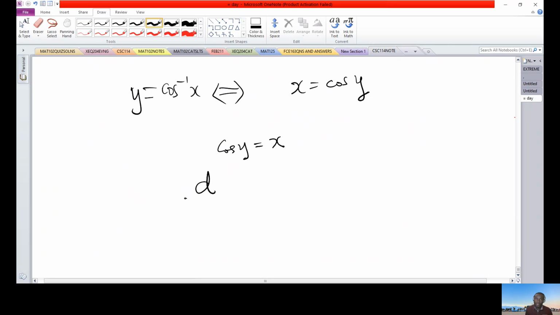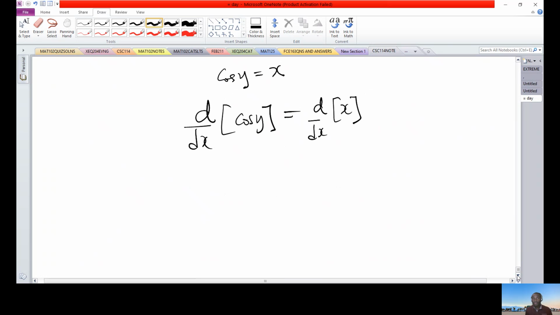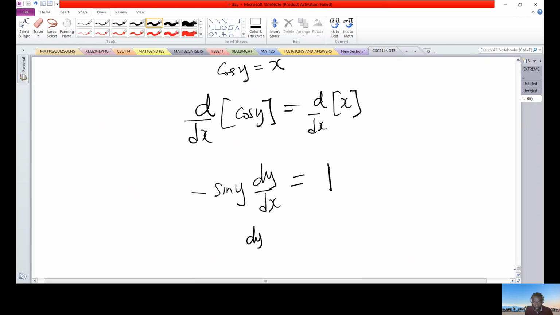So therefore you introduce d dx on both sides. When you differentiate a cos, you get a negative sign, but you remember to attach dy dx because y is a differentiable function of x, and then d dx of x is 1.